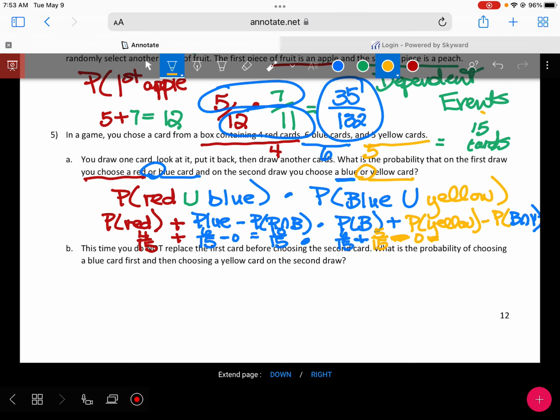So that gives me 11 out of 15. So I need to multiply 10 out of 15 times 11 out of 15. 10 times 11 on top is going to be 110. And 15 times 15 on the bottom is 225.